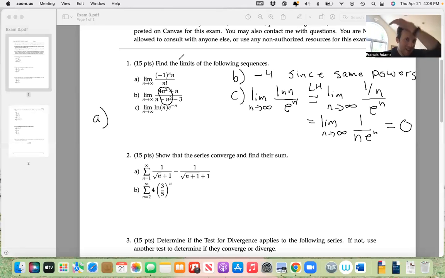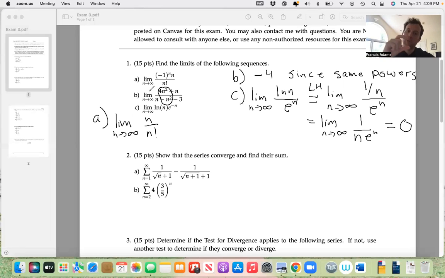And then with A, there are a lot of sequence specific things going on here. So that's why I saved this one for last. When we're looking at this limit, one thing that we had seen with alternating sequences is if we look at the non-alternating part, if this sequence goes to 0, it still goes to 0 when it's alternating.